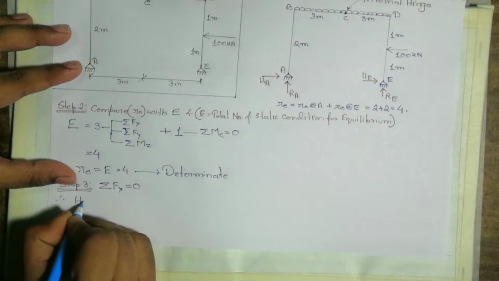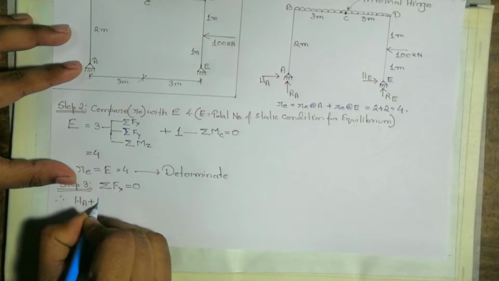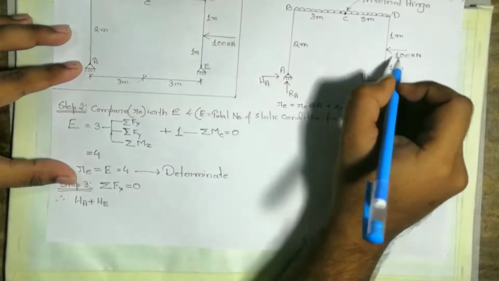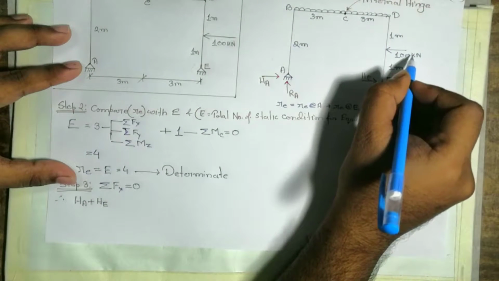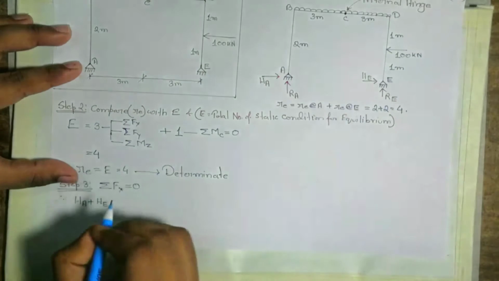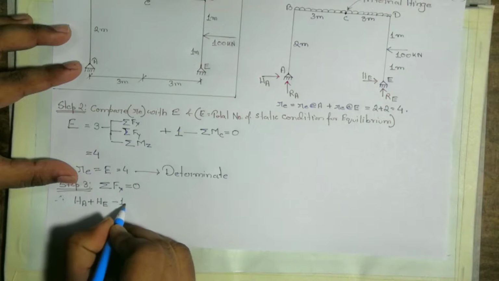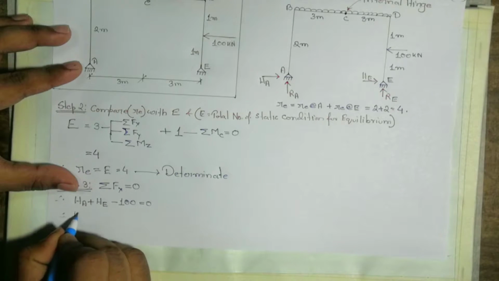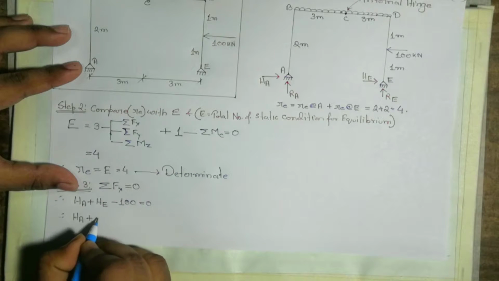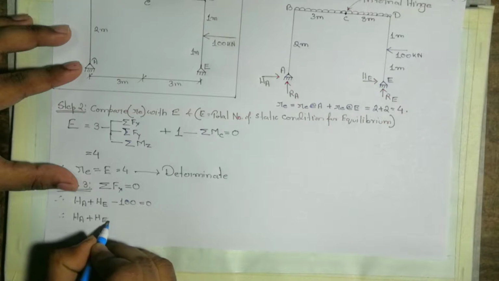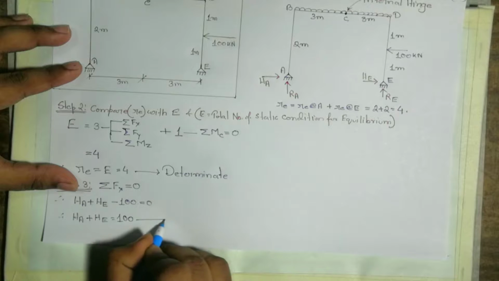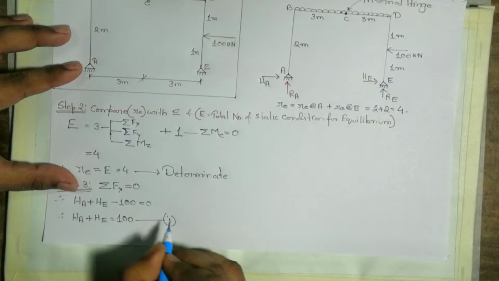That's why HA plus HE. Now 100 kilonewton is acting along the negative x-axis, so minus 100 is equal to 0. Therefore HA plus HE will be 100. Let this be our equation number 1.